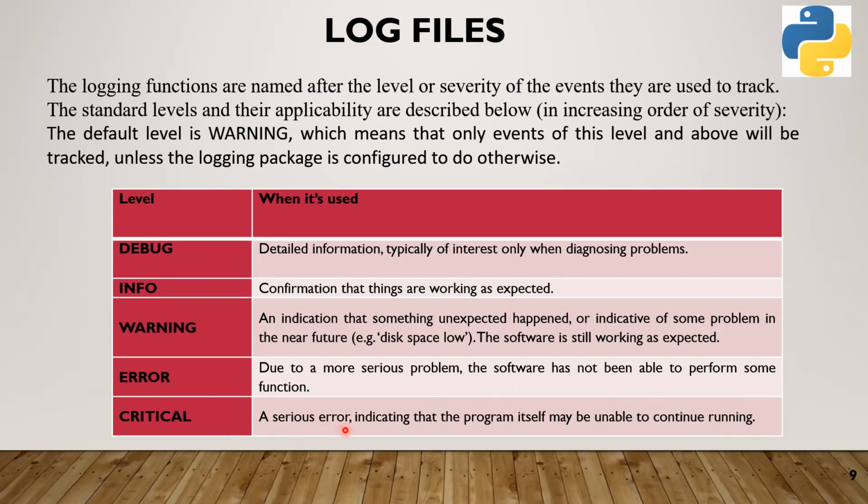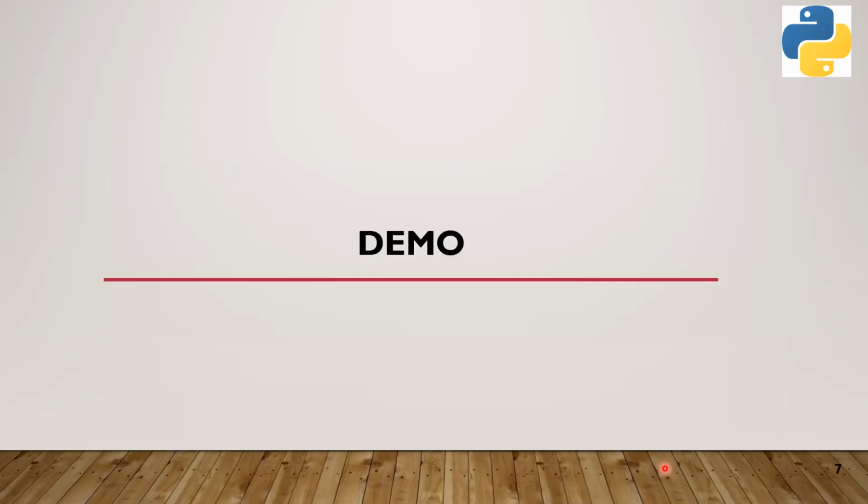A serious error indicating that the program itself may be unable to continue running. Okay, so this is a very serious error, where henceforth the program cannot start. An error is a small problem you can find out with this, but the critical error is something which really needs to be taken care of.